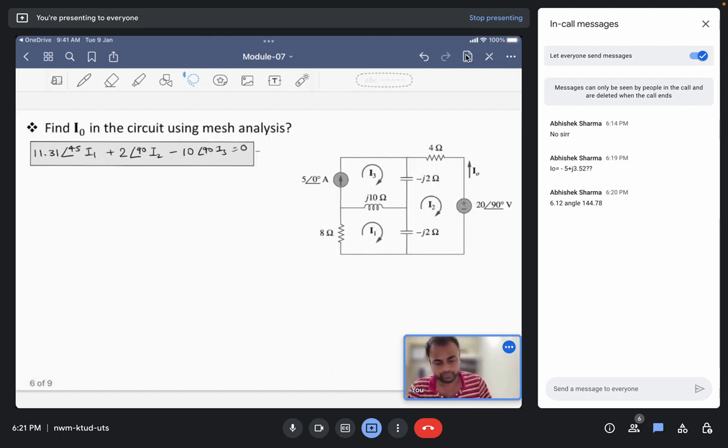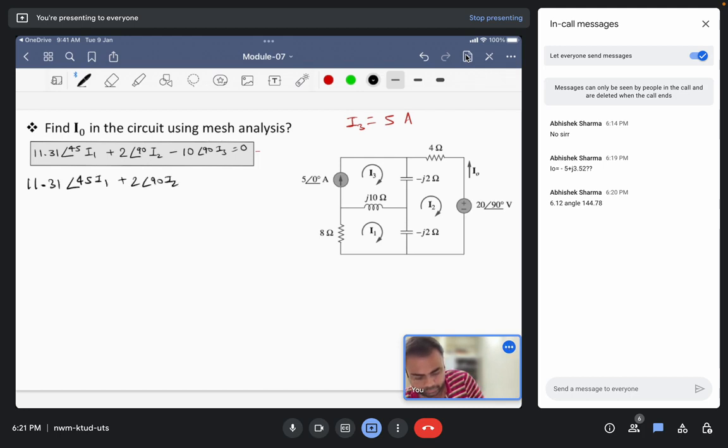I3 is given as 5, simply 5 amperes. So 11.31 angle 45 I1 plus 2 angle 90 I2 is equal to 50 angle 90.